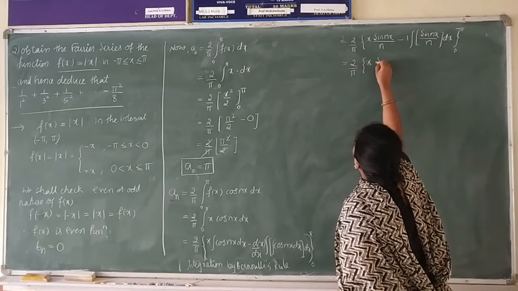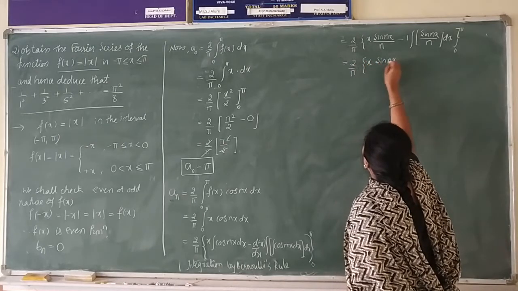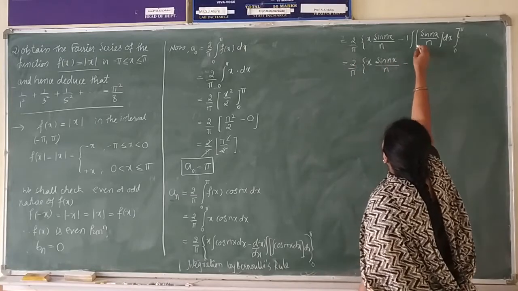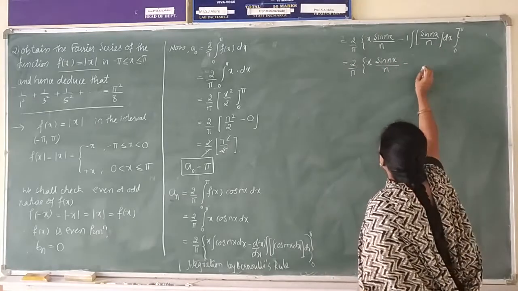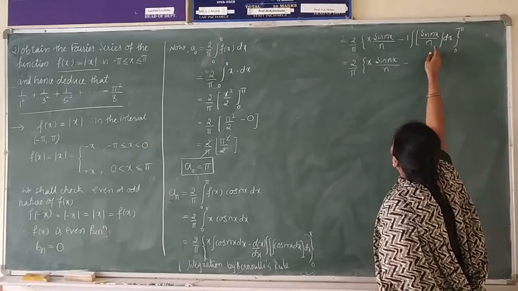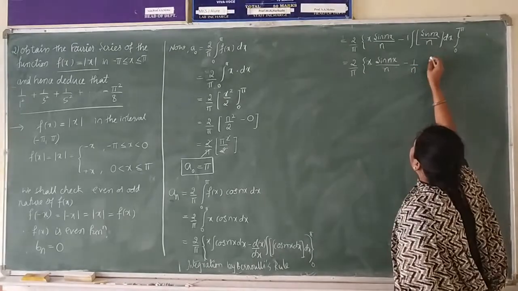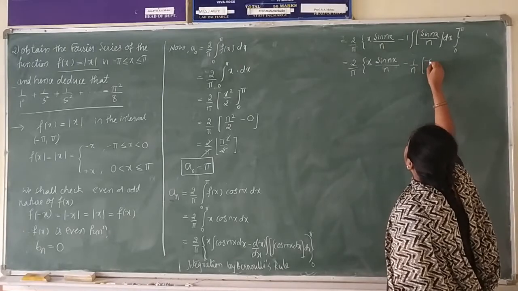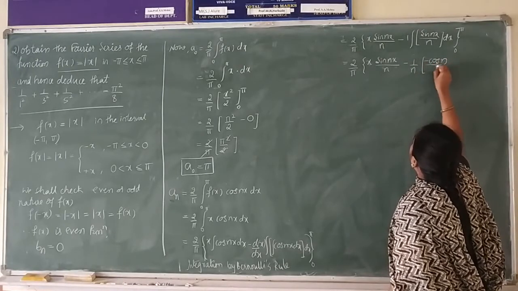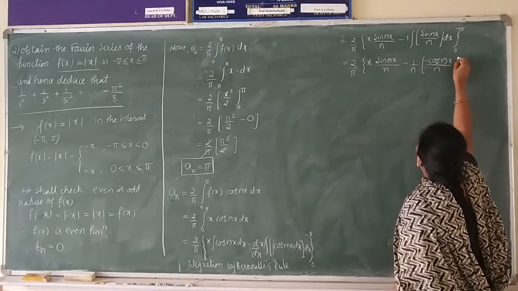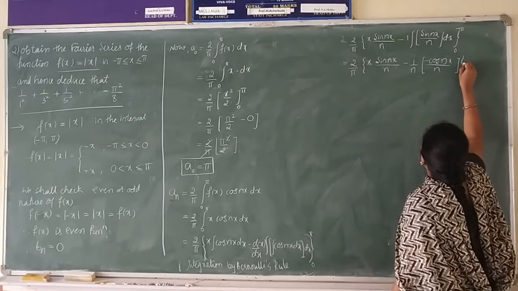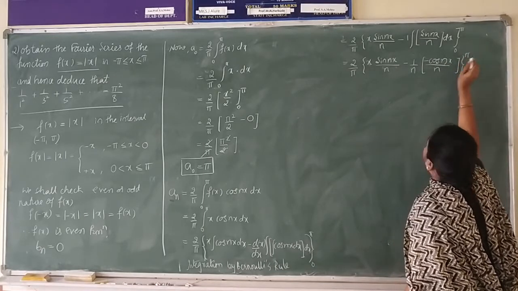x into sin nx by n minus integration of sin nx by n. Here in the denominator n is there, that is 1 by n is a constant term. Integrating sin nx is minus cos nx by n between the limits 0 to pi.